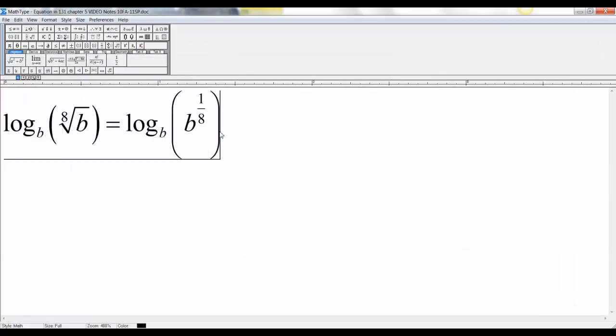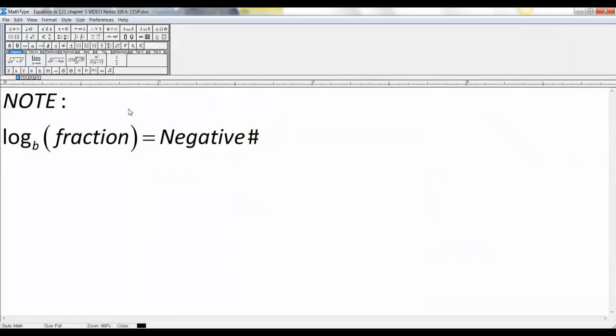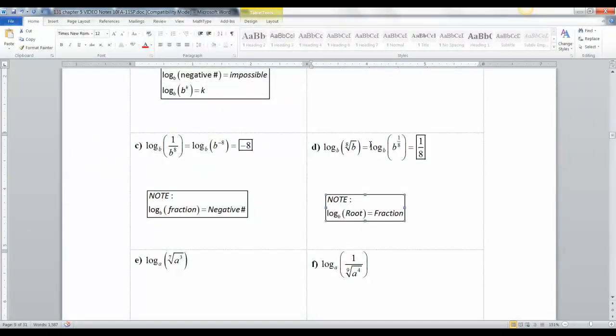Which means the log base b and b to the will undo each other and we're left with 1/8 as your answer. Which gives us our next note. If you have the log base b of a root or something like that, square root, cube root, this was an 8th root, then your answer will be a fraction.